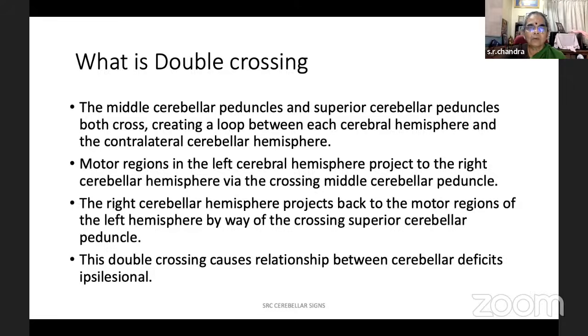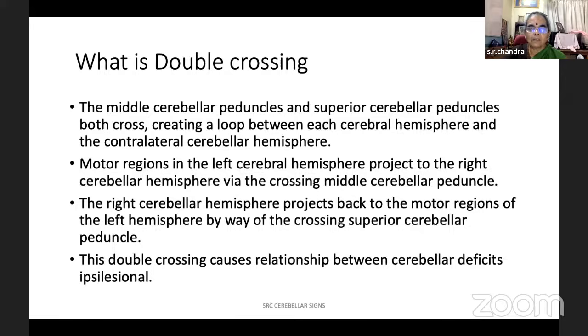What is that double crossing? That is cortico-ponto-cerebellar. That is one crossing: from the cortex of the left side through the pons of the left side, the fibers cross over to the right-sided cerebellum. From the right-sided cerebellum, through the olivo-dentato-rubro-thalamo-cortical pathway, the fibers go back to the left-sided cortex.